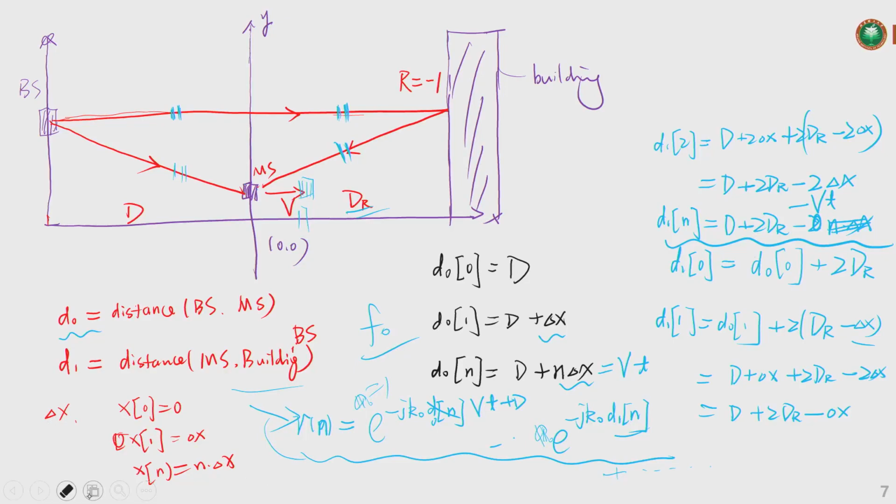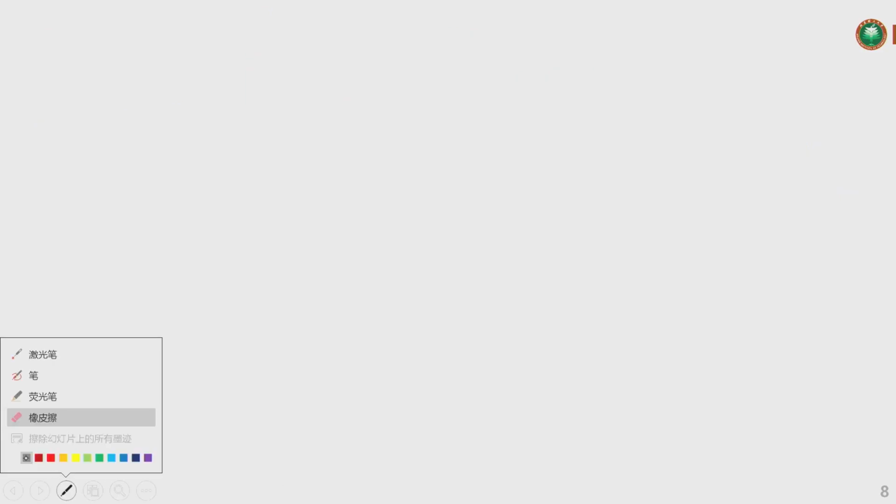With respect to t, it becomes e to the minus j 2 pi over lambda node times d node t, minus e to the minus j 2 pi over lambda node times d1 t.